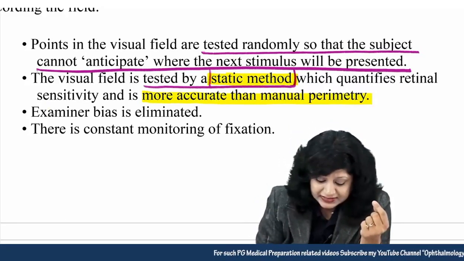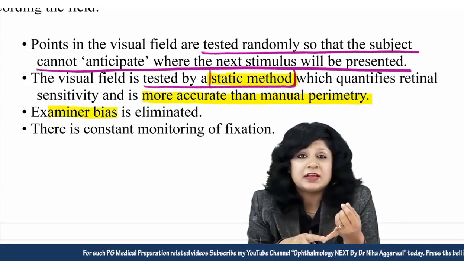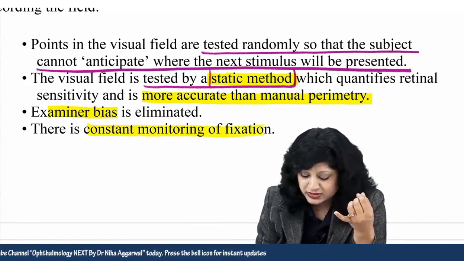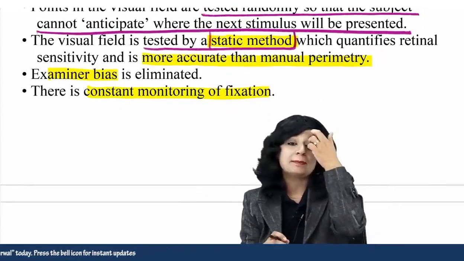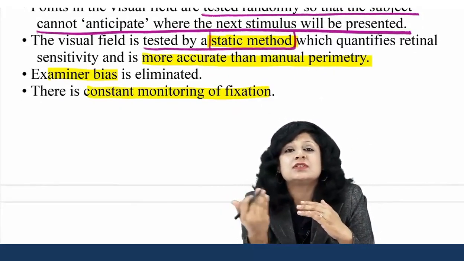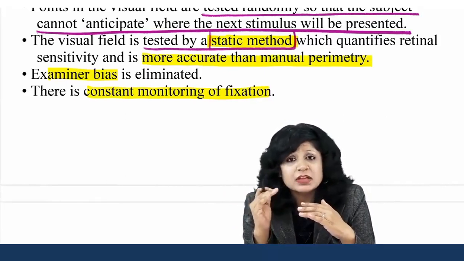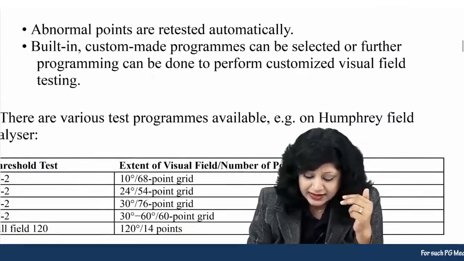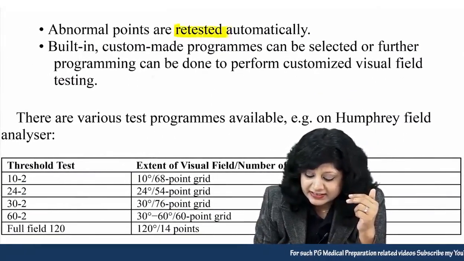Then examiner bias, obviously it's not manual, so examiner bias is eliminated, and there is also constant monitoring of fixation. When we are doing perimetry, one major issue that we face is fixation, so here there is constant monitoring of fixation by itself. Then abnormal points are retested automatically.